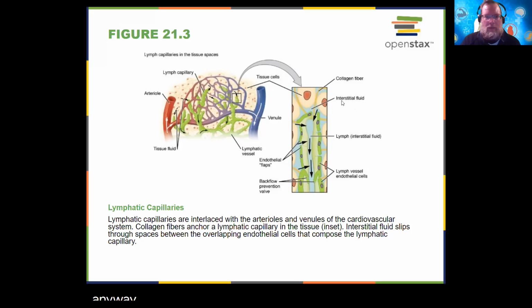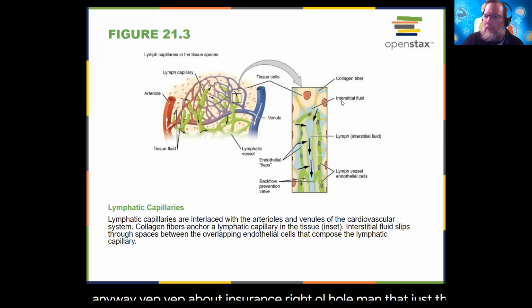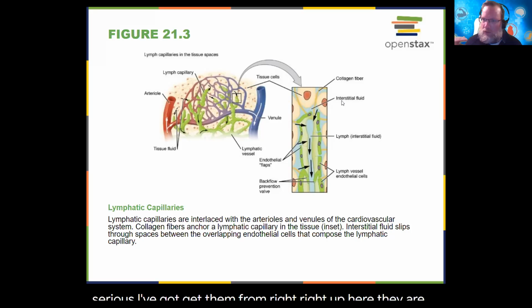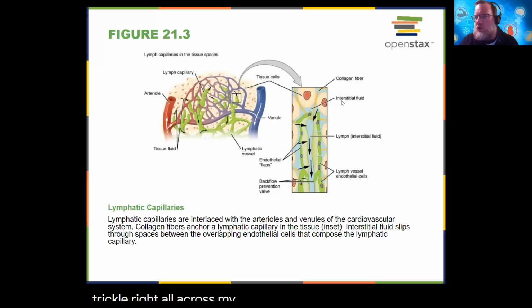So anyway, yep. About insurance, right? Oh man. That gives me chills right now just sitting here. I'm serious. I'm getting them right up here. They trickle right across the front of my skull and into my back and down my spine. Man, Flatliners, that's a good one. Yeah, but you get me going on that racket, we'll never leave.